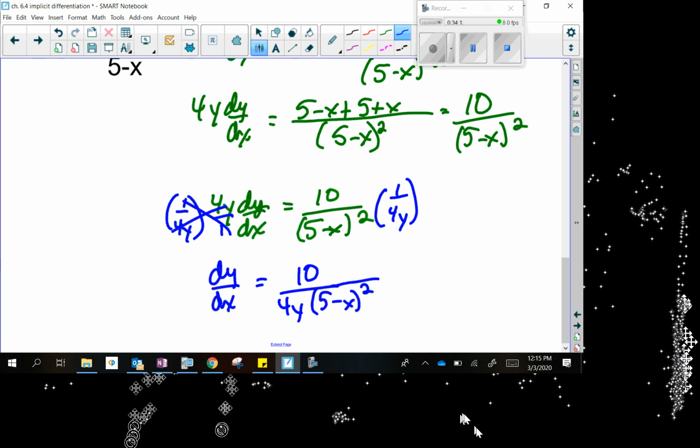But what can we do with the 10 and the 4? What can we reduce that by? Divide both by 2, right? So the final answer would be 5 over 2y times 5 minus x squared.